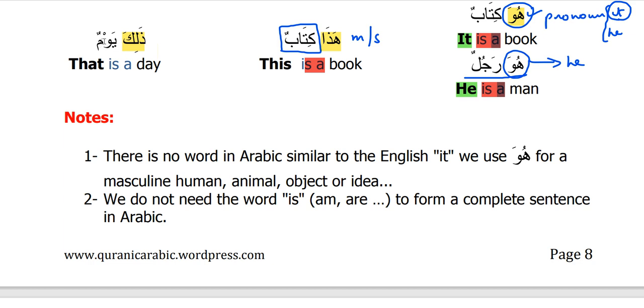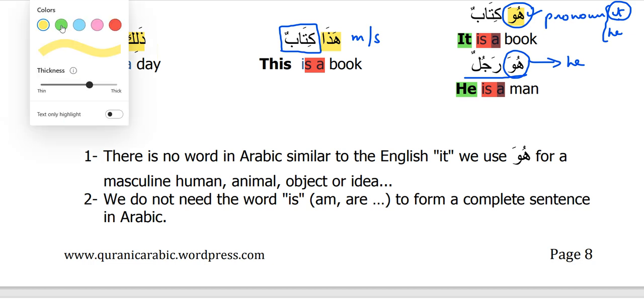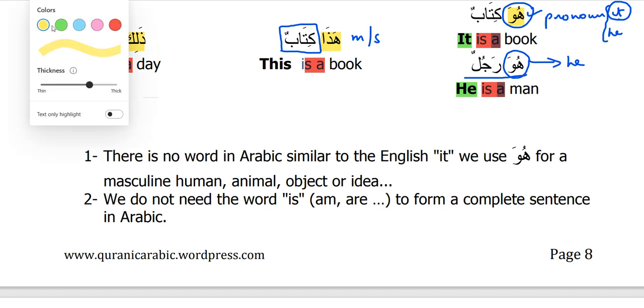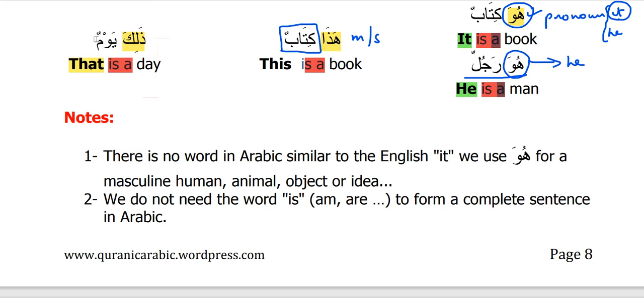Yaum means day. So that day, it is translated as that day, and is am does not exist here. So there is no is and a in an Arabic sentence. So dhalika yawmun means that day.